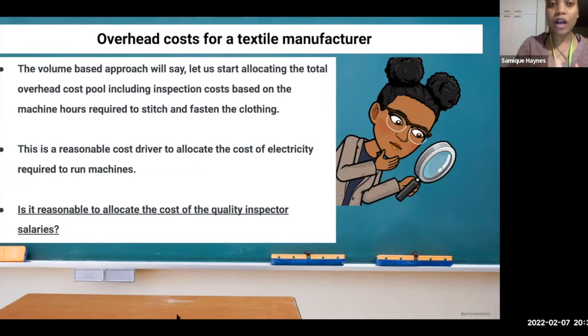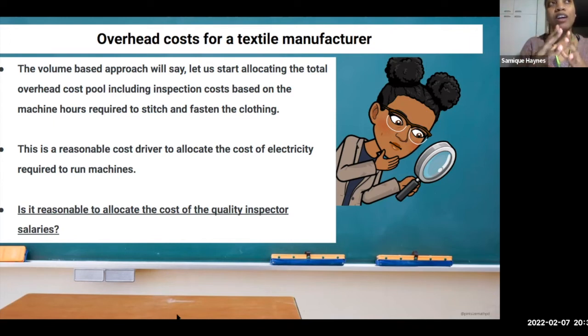Machine hours is a reasonable cost driver to allocate the cost of electricity required to run machines. That makes sense, right? Inside this big pool of manufacturing costs, we have inspection costs, and we also have our electricity utility costs.